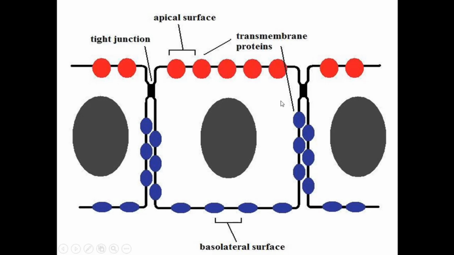Let me give an example here. For example, these epithelial cells belong to your intestine. As you know, the apical proteins in the intestinal epithelium have a role in digestion of materials, digestion of foods. So these proteins, for example, are enzymes to digest the proteins.